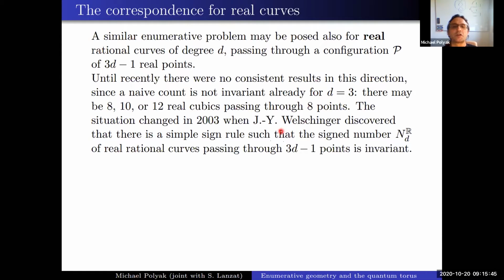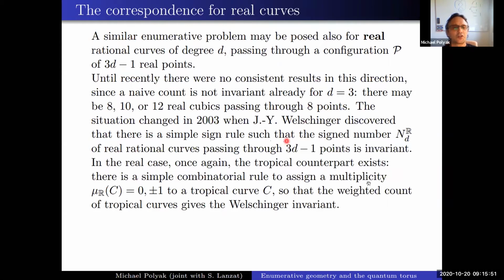So first it was done on the honest real algebraic geometry level, but then also the tropical counterpart was found. Again, there's a simple combinatorial rule to assign a multiplicity. This time, this multiplicity of a curve is just 0 or plus minus 1 for each tropical curve. And then the weighted count gives you the honest Welschinger invariant.